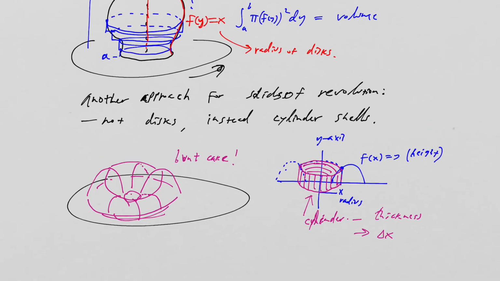Let me see if I can draw this a little bit better. I'm going to go to another page now. Again, we have this bundt cake type shape. It goes around, goes on the back side. If we're at a certain point at x, we're going to go up, and that's going to be y there.